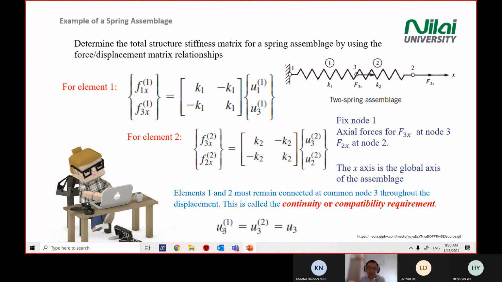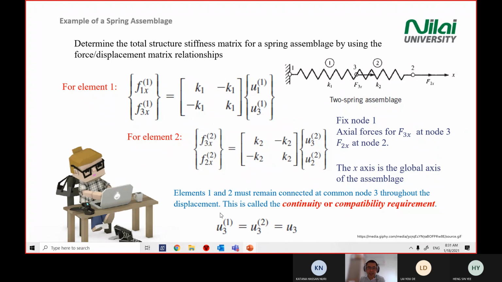It means that the displacement at point number 3 for element 1 will be the same as the displacement at point number 3 for element number 2. Because of continuity, the displacement at number 3, the connecting point, will be the same.